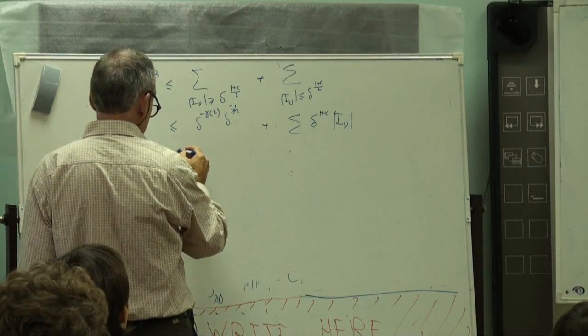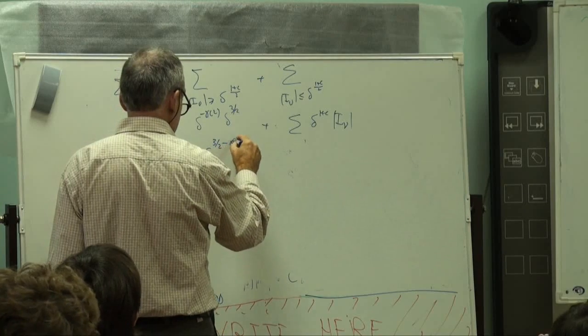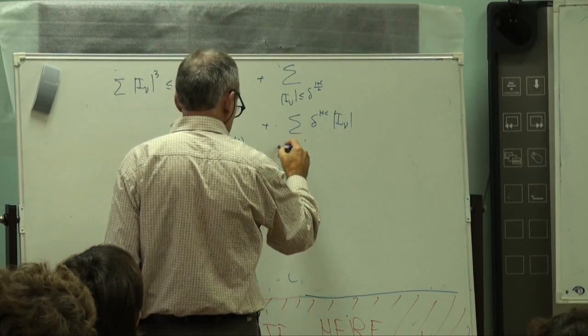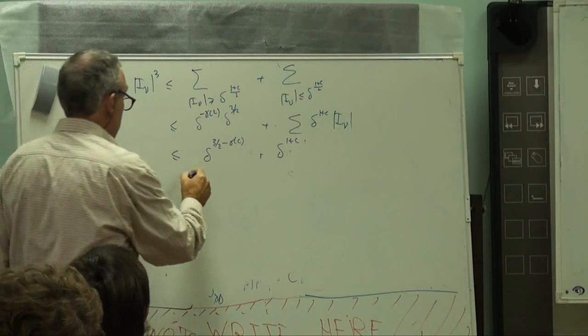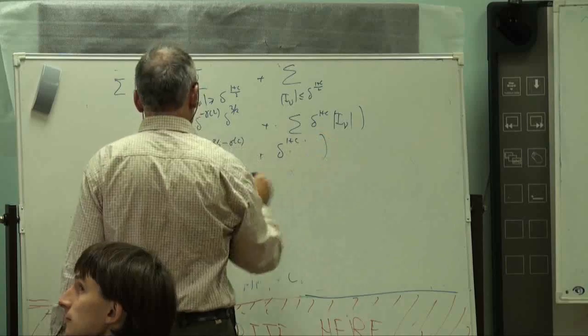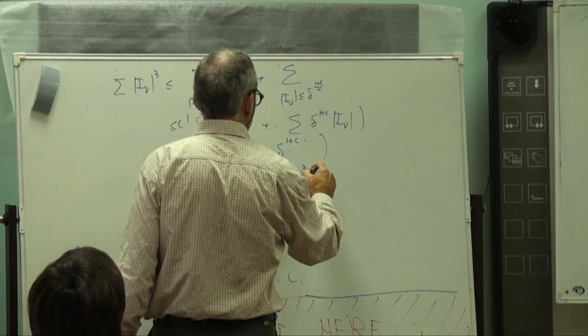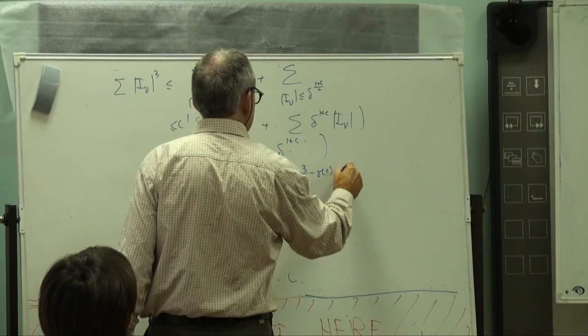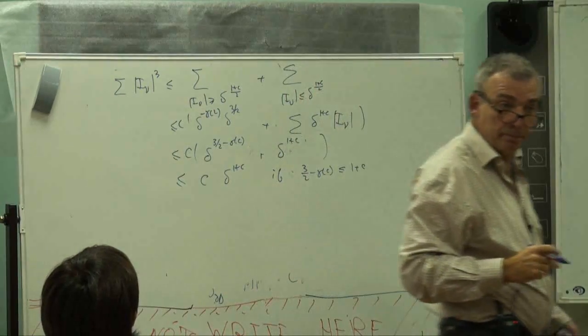And so we get δ to the power 3/2 minus γ(c) plus δ^(1+c). So there are constants over there. So this is less than a constant times δ^(1+c) if 3/2 minus γ(c) is less than 1 plus c, which is possible if c is small enough.